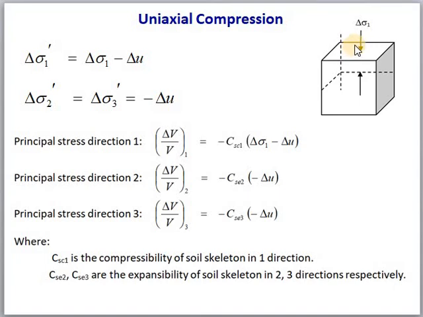So in direction 1 you have the compressibility, and in the other directions, direction 2 and 3, you have the expansibility of the soil skeleton. That is why this constant C_S C1 is the compressibility of the soil skeleton in one direction, and C_S E2 and C_S E3 are the soil expansibility in the other two directions.